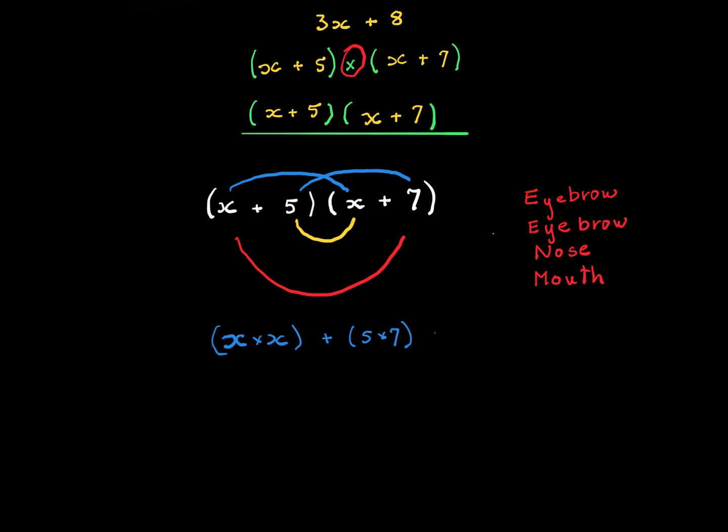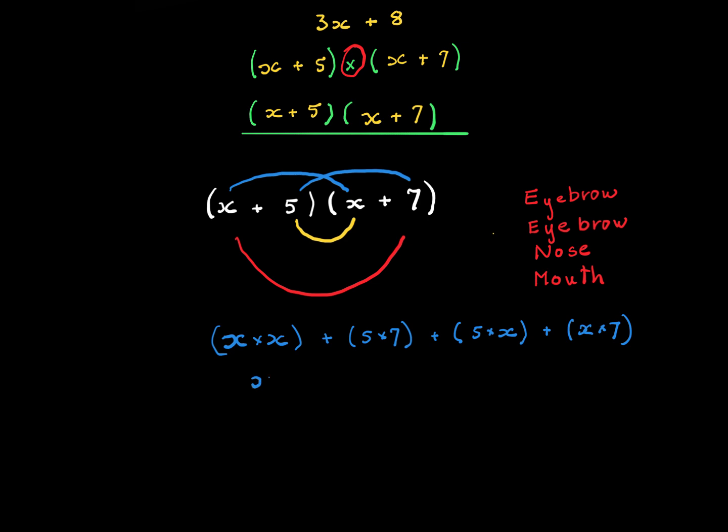And then we'll add the nose together, which is 5 times x. And then we'll add the mouth together, and that'll be x times 7. So we're multiplying each of these. Now that we've got them, we can simplify them.